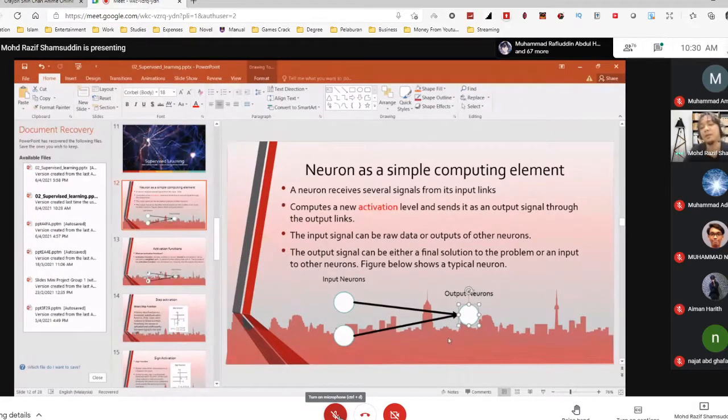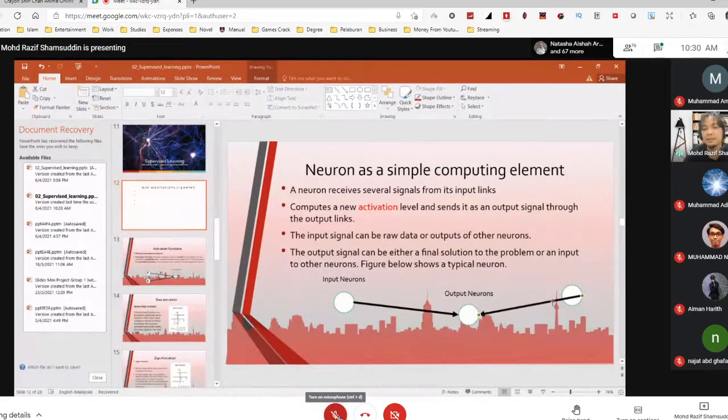But in the exam question, inside the test question, the orientation of the input neuron and the output neuron may be different. It can be like this. Okay, but it is still the same thing. It is still the input neuron going towards the output neuron.